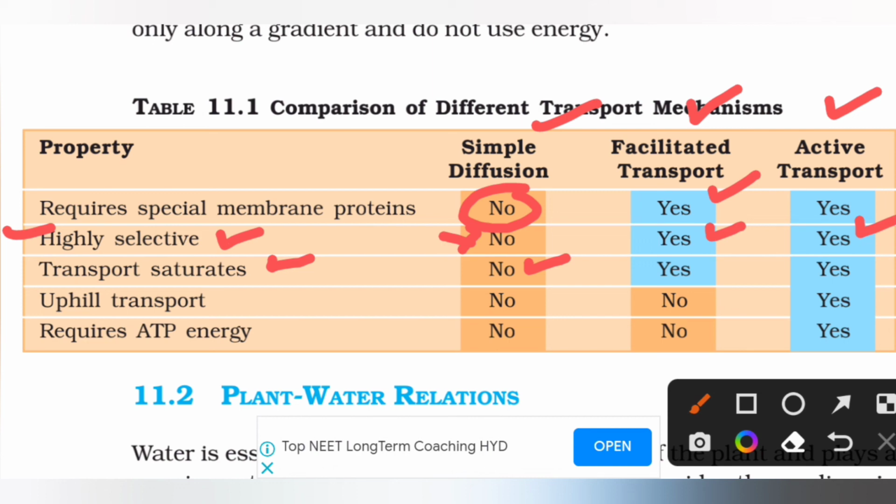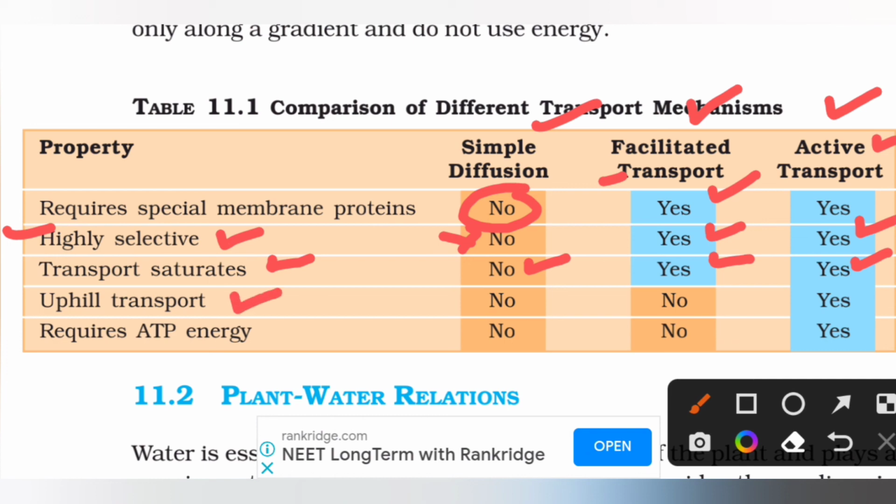Whereas in facilitated transport, even though it is passive transport, it has a saturation effect. In active transport also, it has a saturation effect, because the rate of movement of particles depends on the number of carriers, in both facilitated as well as active transport. In both cases, the rate of movement depends on the number of pumps or carrier proteins.